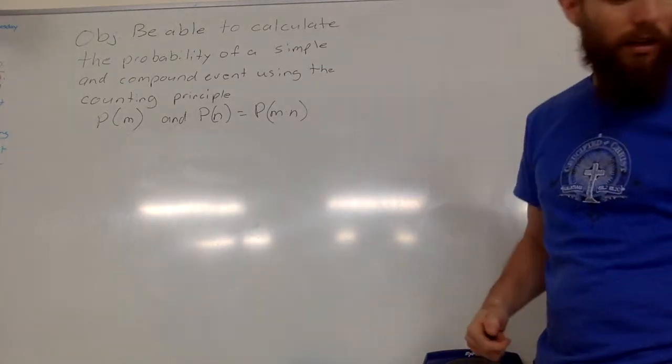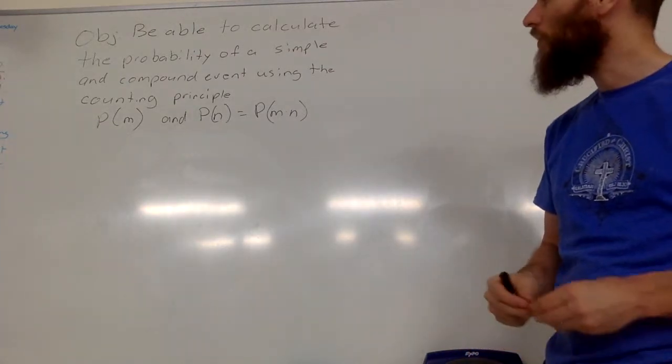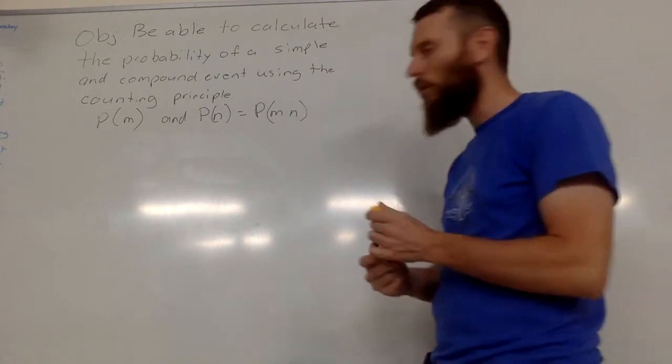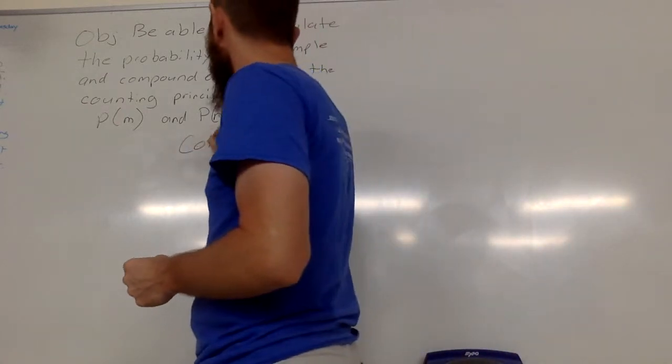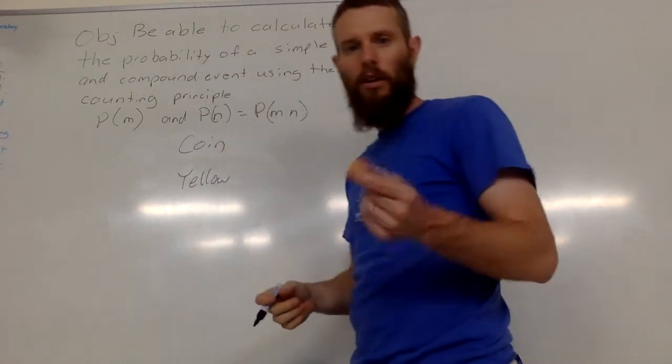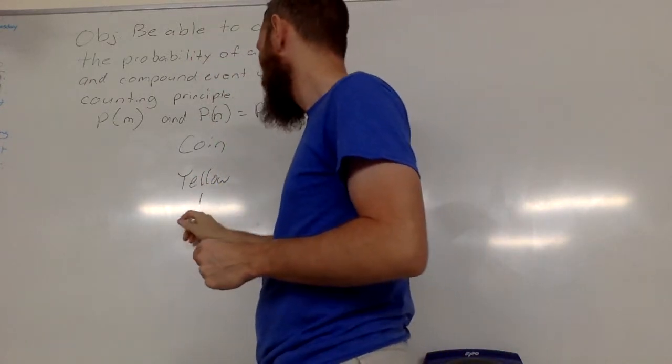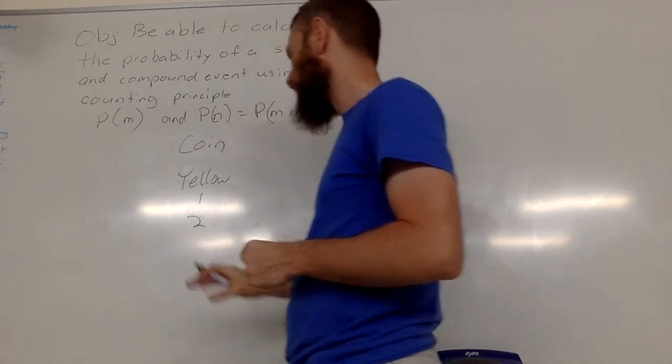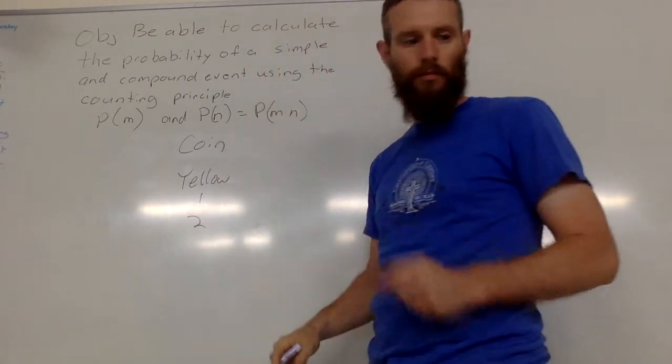Then I can combine the two to make a compound event. If I have the coin and I want it to be yellow, I have a 1 out of 2 probability of it being yellow.